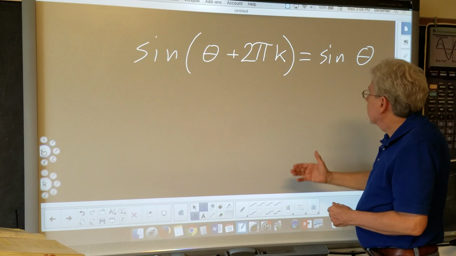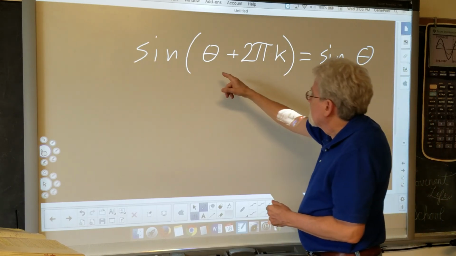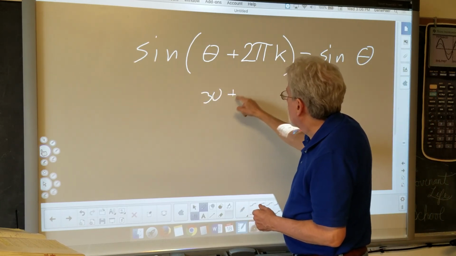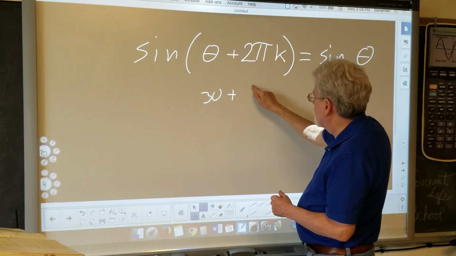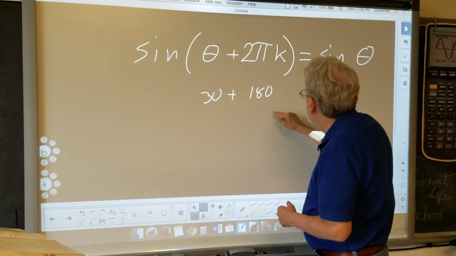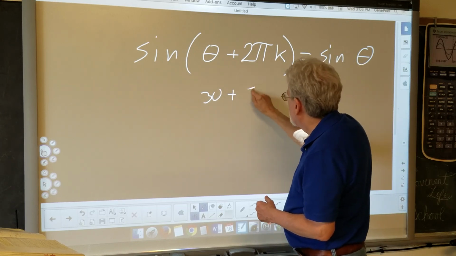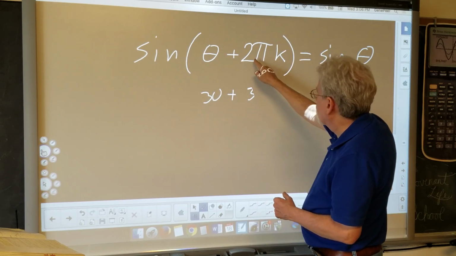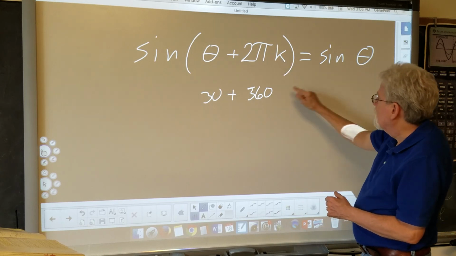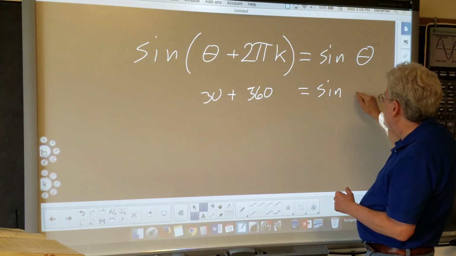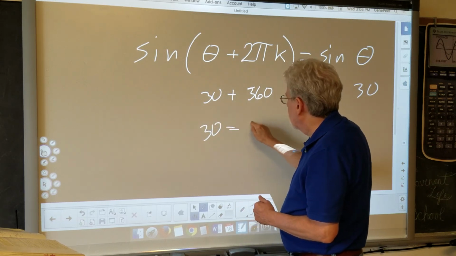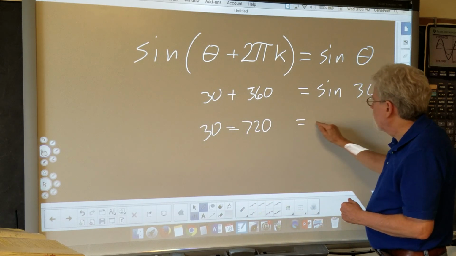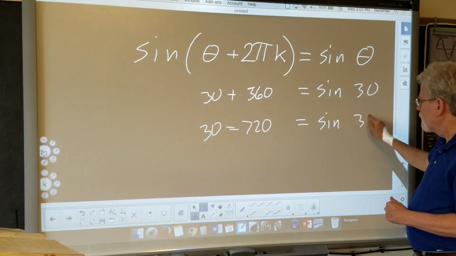In other words, the sine of 30 plus 360 times any number k will be the same as the sine of 30. Or the sine of 30 plus 720 will be the same as the sine of 30.